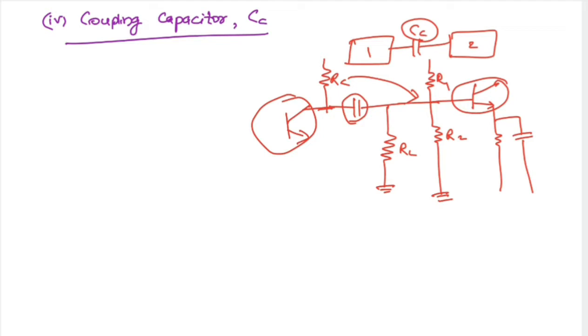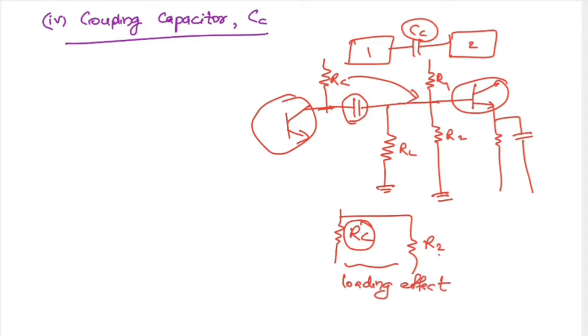So now just think that the load resistance RC will come in parallel with the input resistors of the next stage. That means RC is coming in parallel with the resistors of the next stage. This effect is called loading effect. So what will happen if loading effect appears?